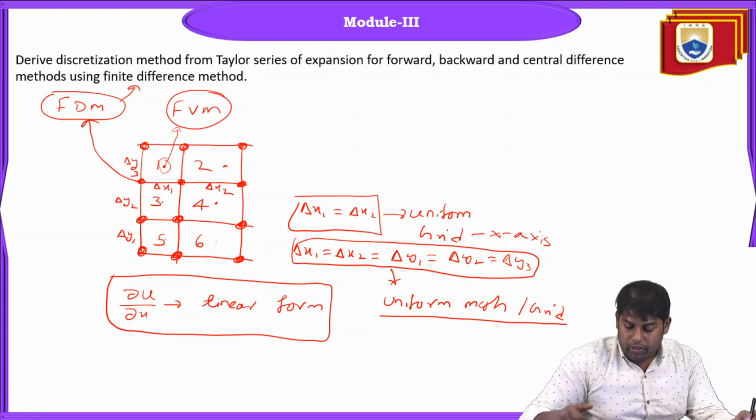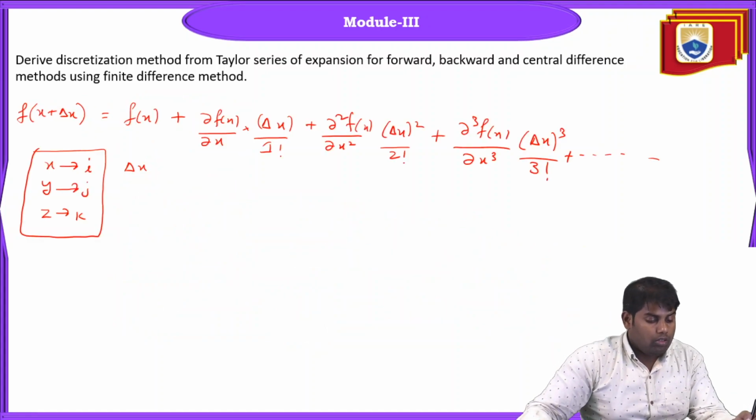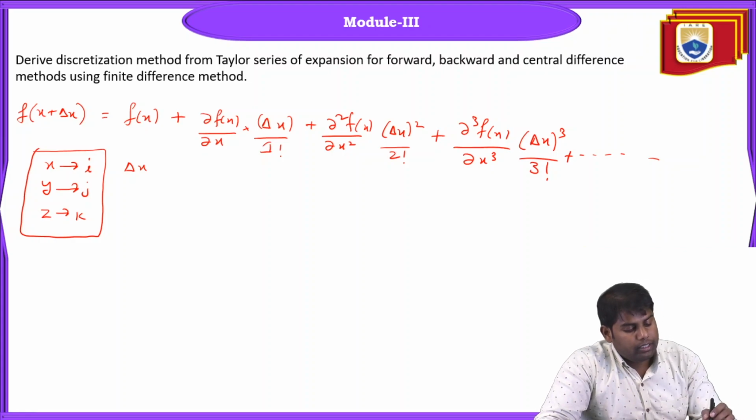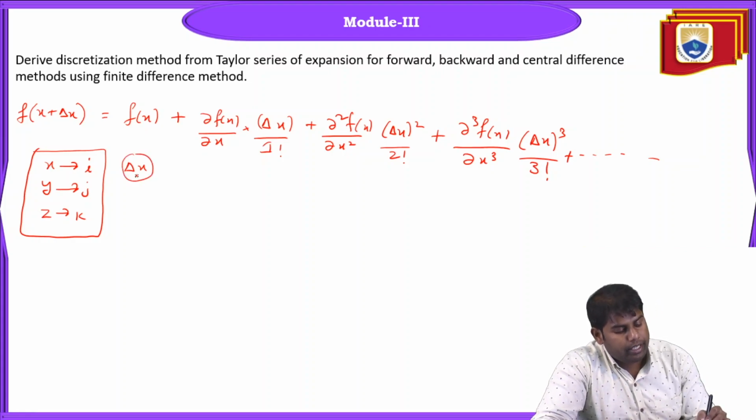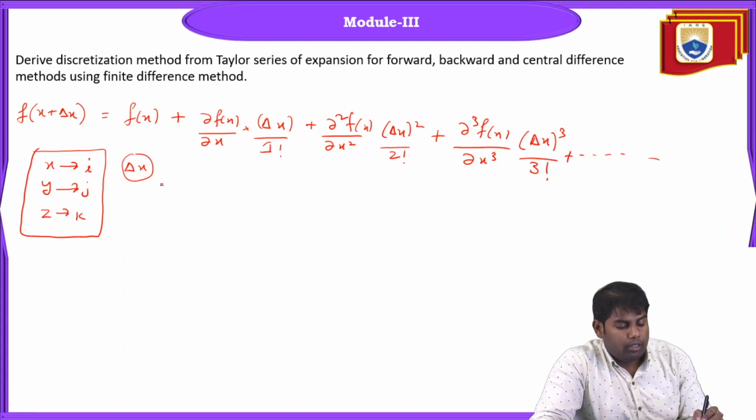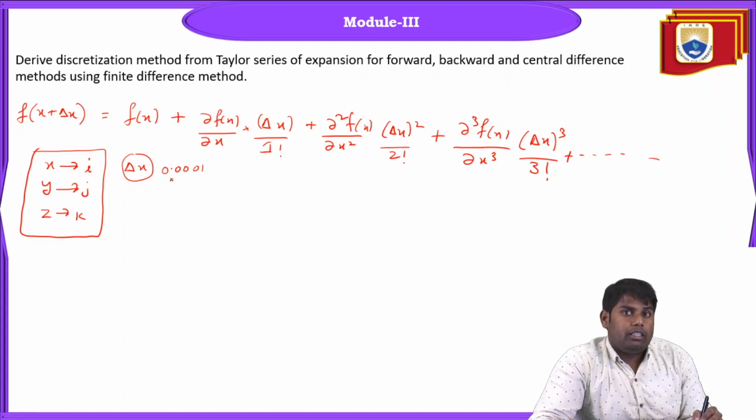Now, delta x is nothing but the spacing. Delta x can vary from, let's say, 0.1, or it can be as small as possible or as large as possible, but based on the thickness of the boundary layer or the resolution you want, you will change delta x.